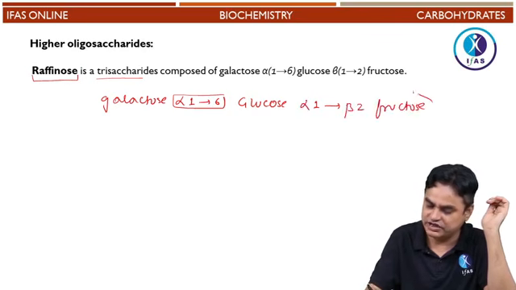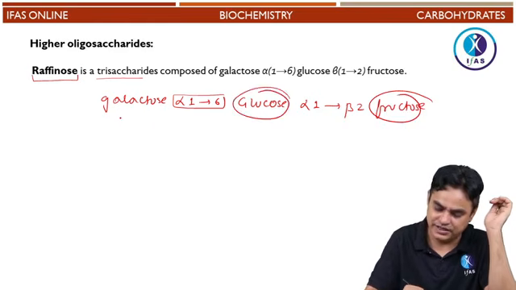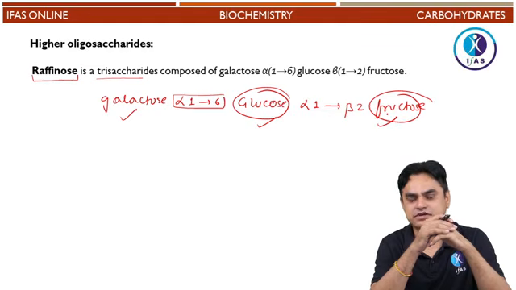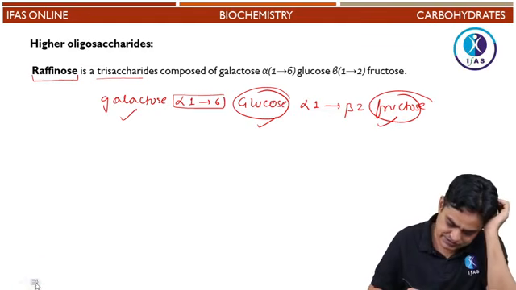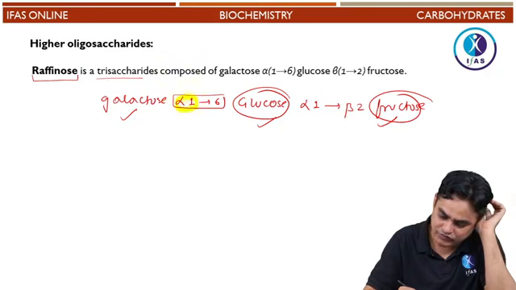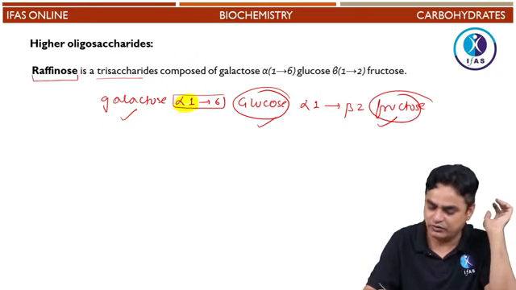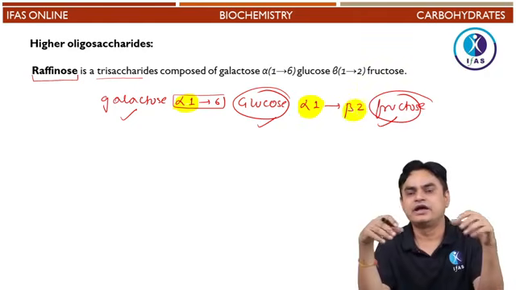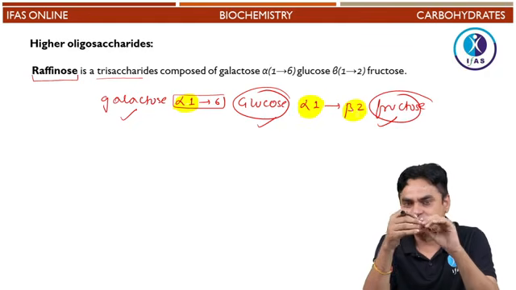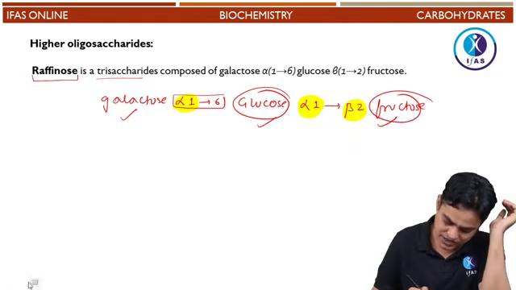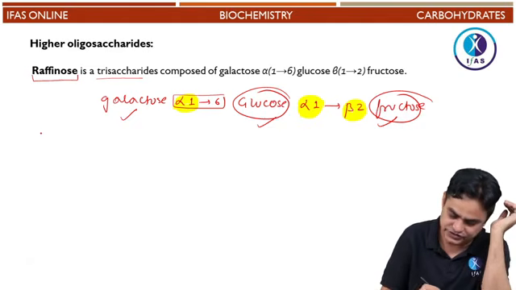So there are 3 sugars, namely galactose, glucose and fructose. In this case the anomeric carbon of galactose is involved in bonding, the anomeric carbon of glucose is involved in bonding, and the anomeric carbon of fructose is also involved in bonding. That's why the sugar is a non-reducing sugar.